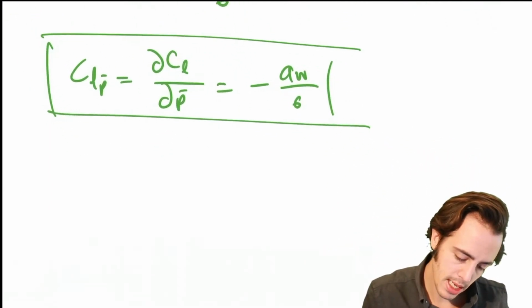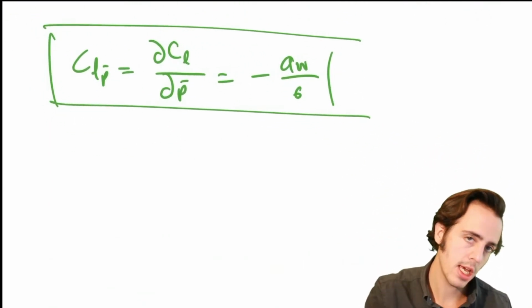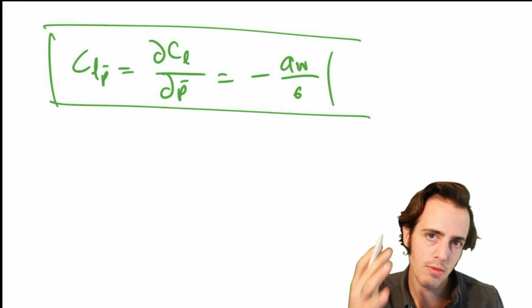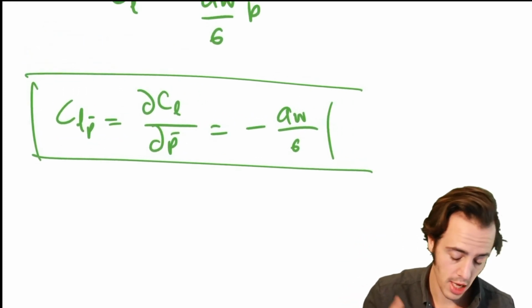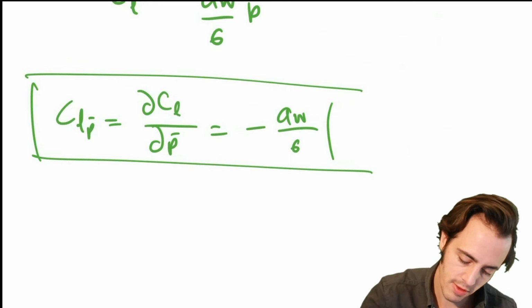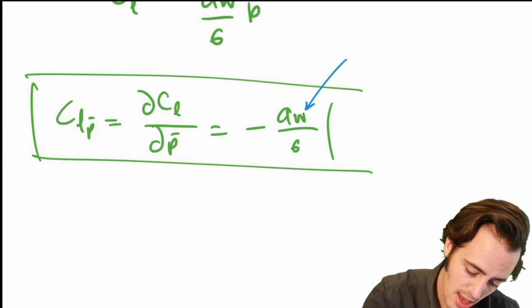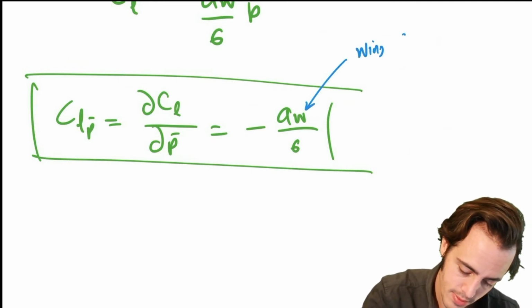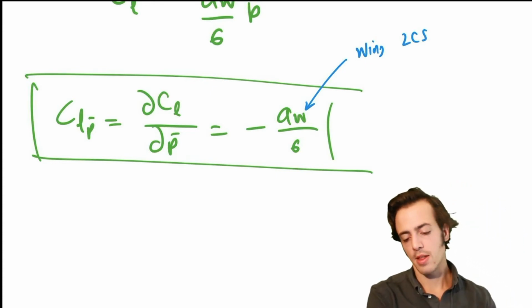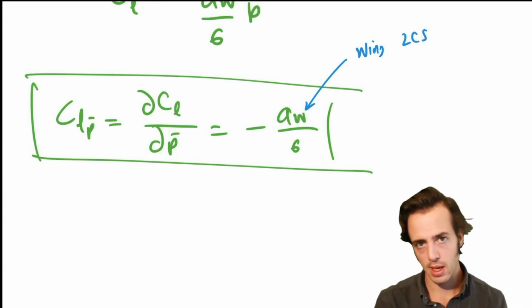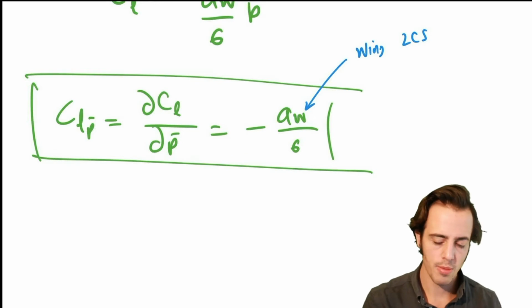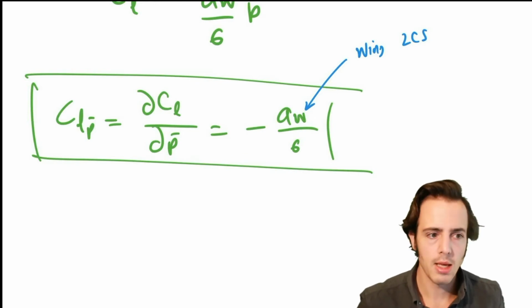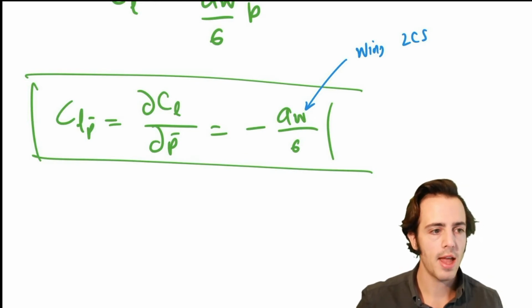So this is roll damping, so this is the change in the rolling moment due to a roll rate, and what it's a function of here is just the wing lift curve slope. So the non-dimensional roll damping is the wing lift curve slope divided by 6, and then we've got the negative value of that. So we've always got this negative roll damping.